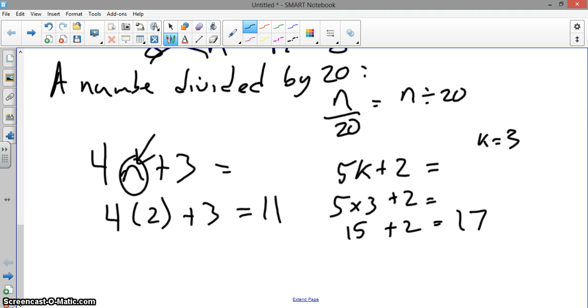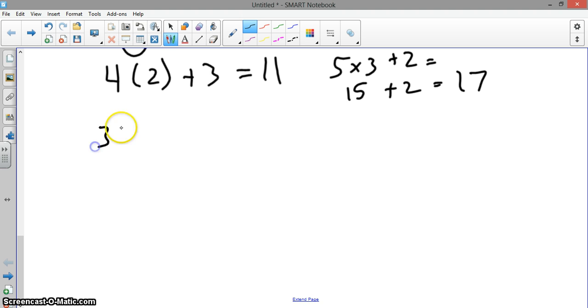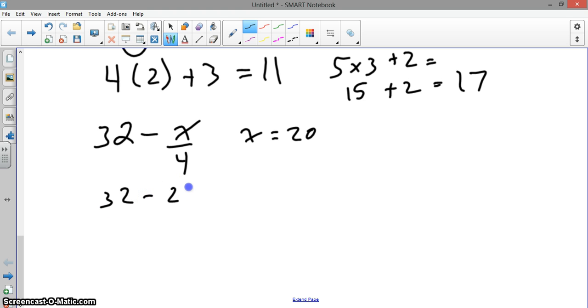All right, let's take a look at another example. How about we do 32 minus x over 4. And we're going to make x equal to 20. Excellent. So let's take a look at this. Well, we do 32 minus 20 over 4.